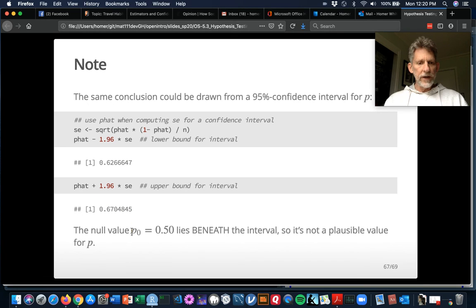The null value is that p is 0.50. 0.50 is way underneath all of the numbers in that interval from 0.62 to 0.67. So the null value is not a plausible value for p based on the data. And we could say that we've got a lot of evidence that p is bigger than 0.5. So you can get the same result off of a confidence interval.